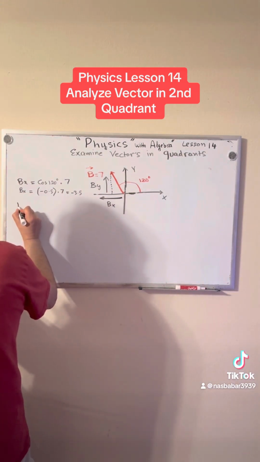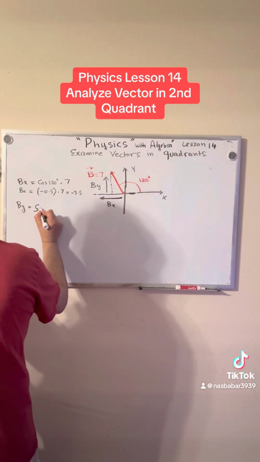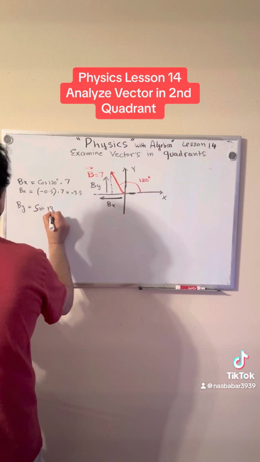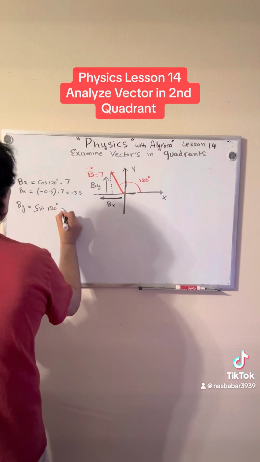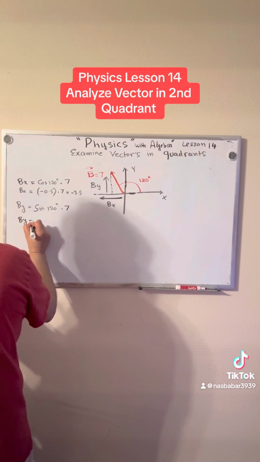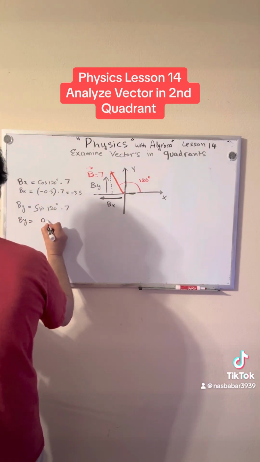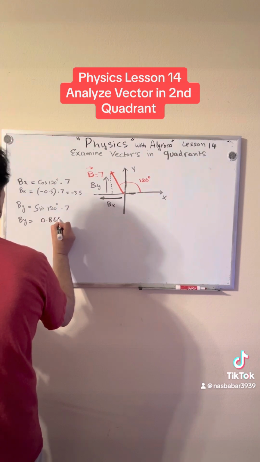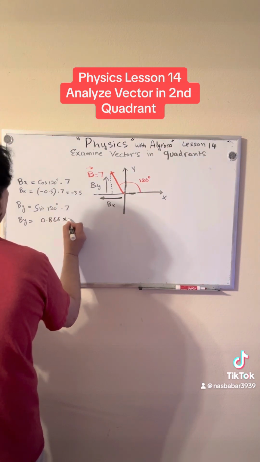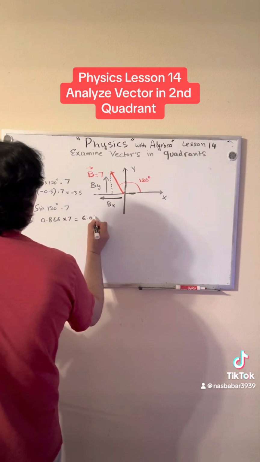So then I do b of y is equal to sine of 120 degrees times 7. What is sine of 120 degrees? Sine of 120 degrees is 0.866, multiplied by 7, and the answer is 6.06.